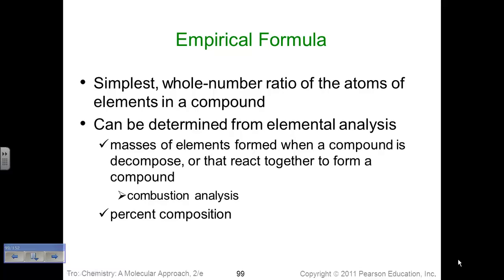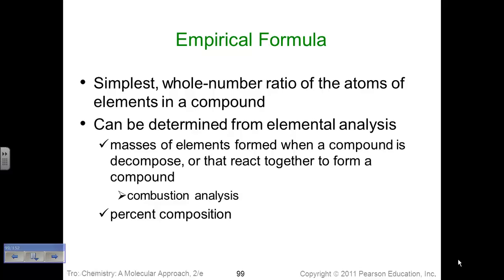And I remember saying it may or may not match its molecular formula, which we called its true formula. If we have percent composition data of each element in a compound, we can actually calculate its empirical formula. Knowing each element's contribution to the weight of the entire compound allows us to calculate an empirical formula.